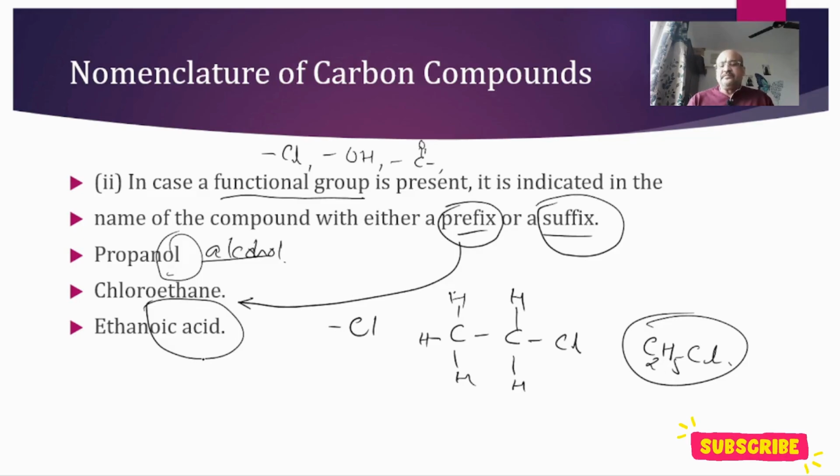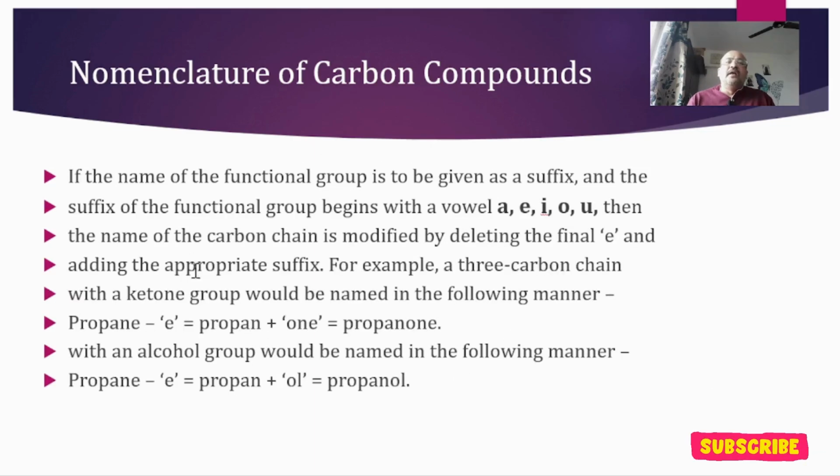Now let us see which functional groups come as prefix and which as suffix. If the name of the functional group is to be given as a suffix, please remember this very important point: if the suffix of the functional group begins with a vowel, A, E, I, O, U, then the carbon chain is modified by deleting the final E.